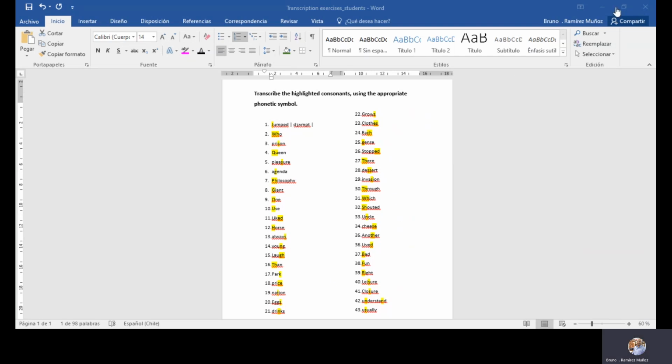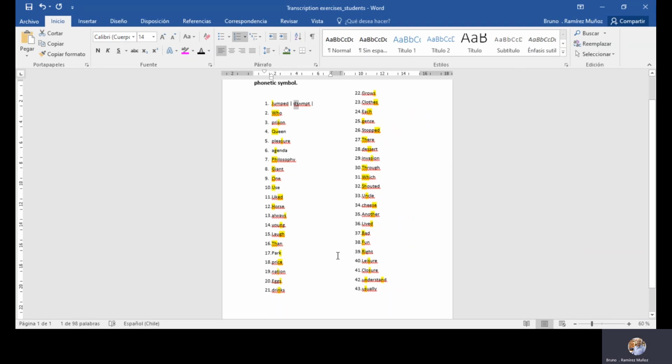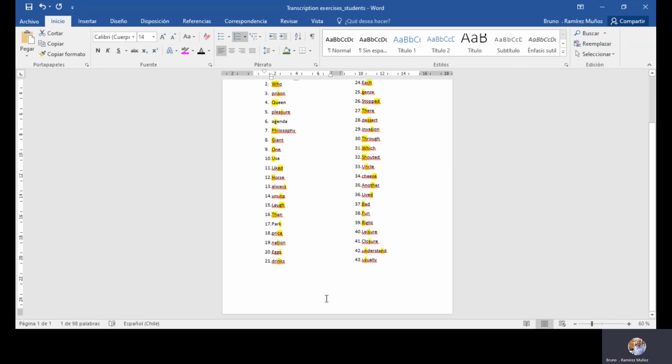Okay, let's take a look at your answers. Assuming that you took the time to review each one of the words and transcribed all the highlighted consonants in the words, we're going to review the answers.